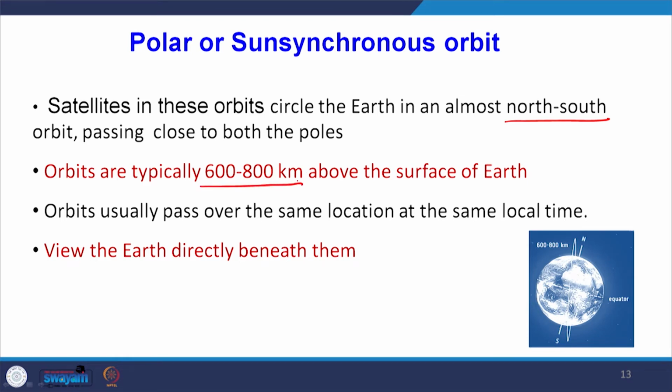This is the typical value, but you may find some satellites at much lower altitude than 600 and some at slightly higher altitude than 800 above the surface of the earth. So, they are viewing the earth surface directly below it. So, there is no off-nadir capability right now, just whatever is the area just below when the satellite is moving, it covers the area of the earth surface.